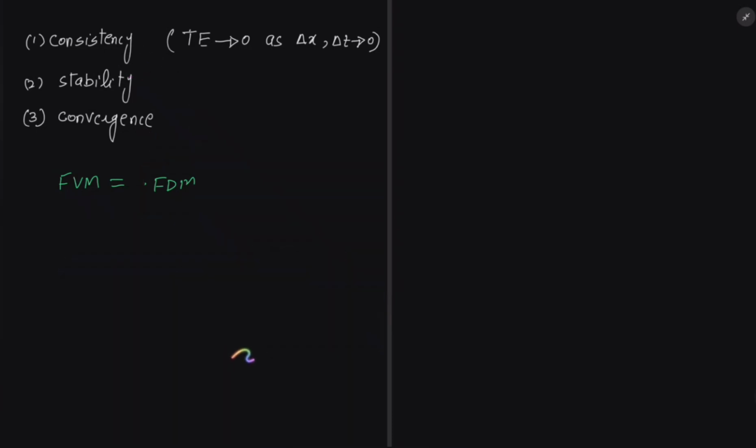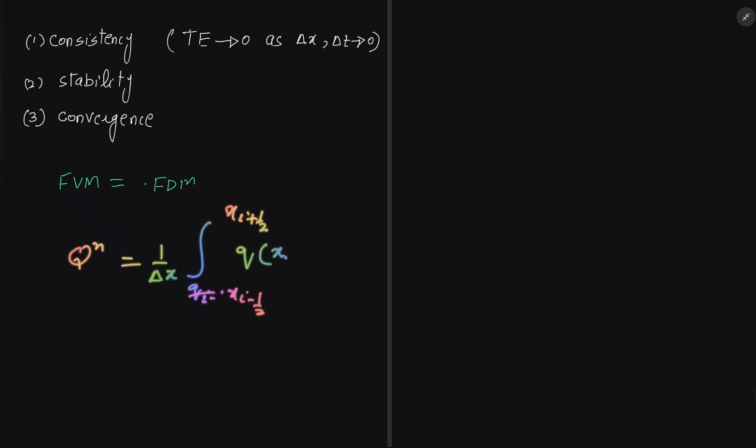The only difference is that in the finite volume method, we construct a formula by taking an average, 1 over delta x, from x i minus 1 half to x i plus 1 half. Then we integrate that function q dx, and we get the average Q n i.